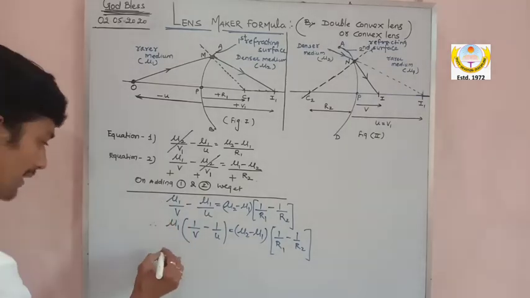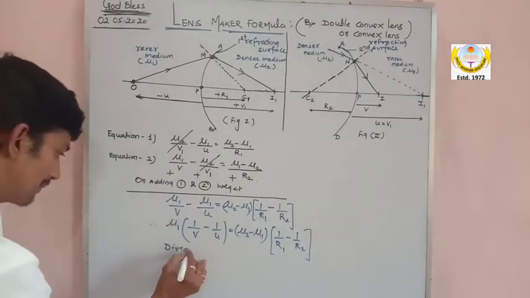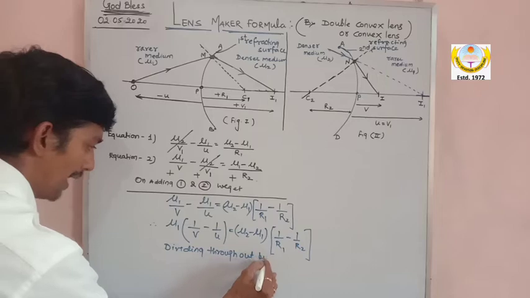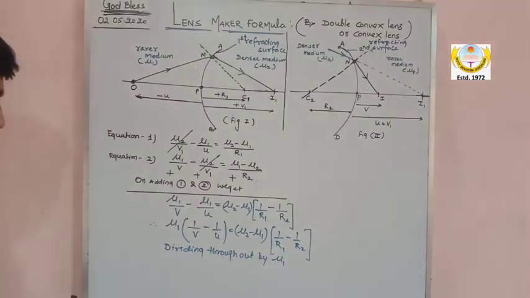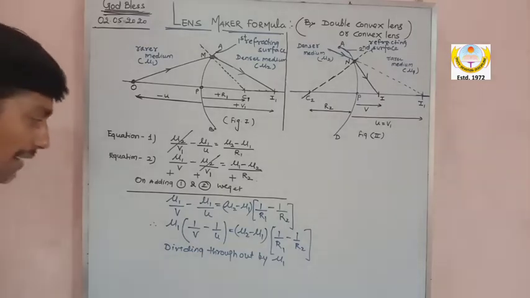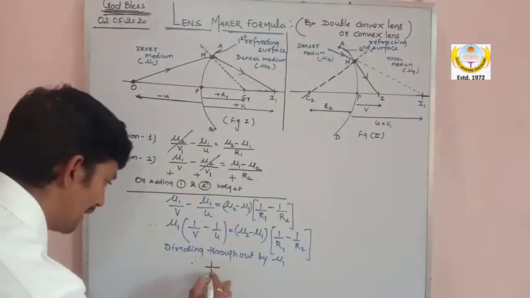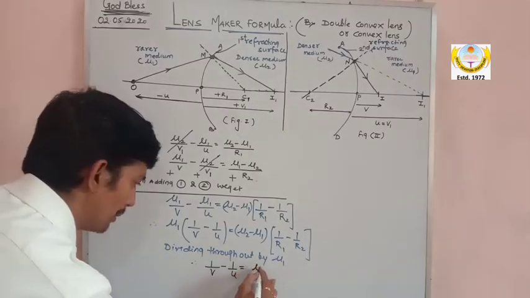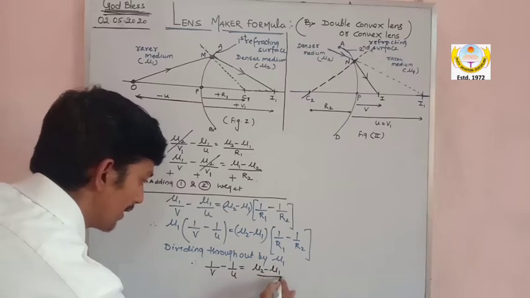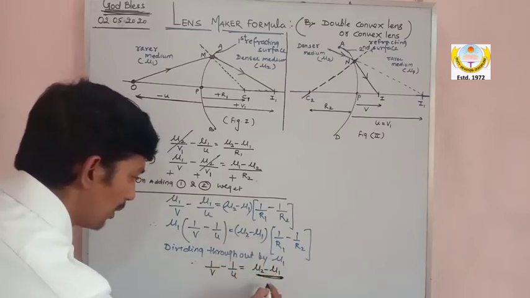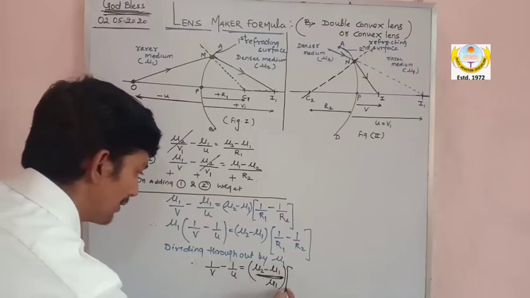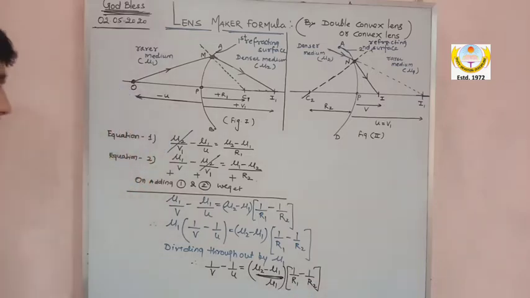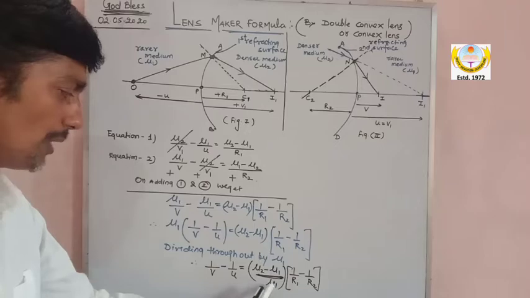So the next step, my dear, dividing throughout by mu1. When I divide throughout by mu1, what answer will I get? Therefore this is 1 upon v minus 1 upon u, because I divided by mu1, this will cancel, is equal to mu2 minus mu1 whole divided by mu1 into this is 1 upon R1 minus 1 upon R2. I hope you are getting me, because this is mu2 minus mu1 whole divided by mu1.